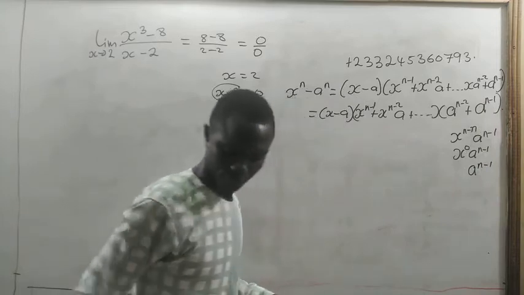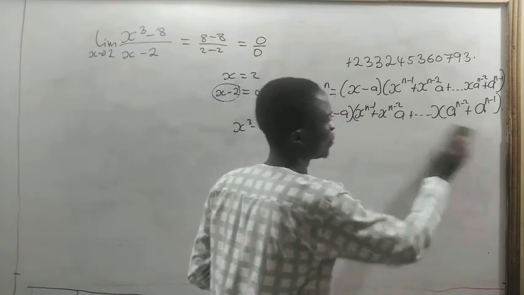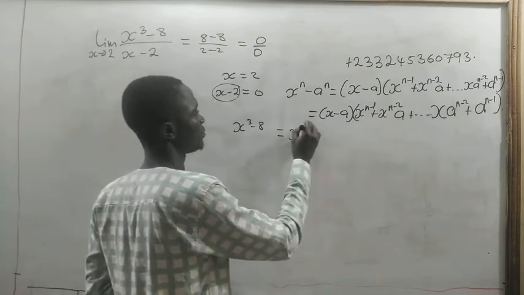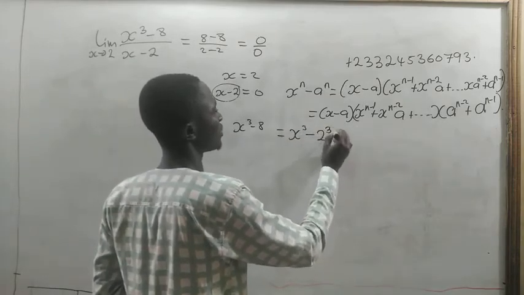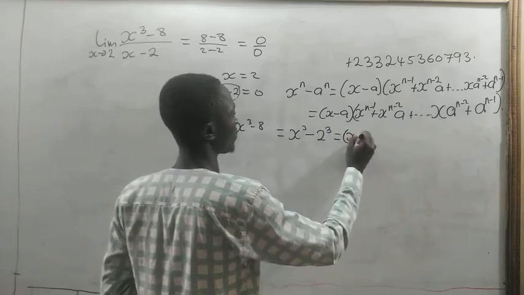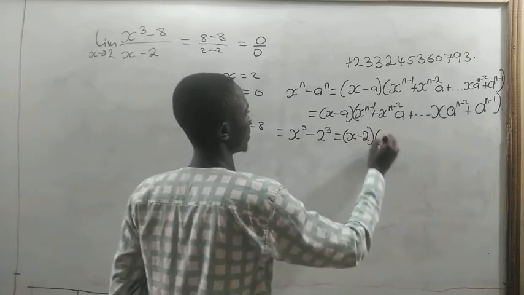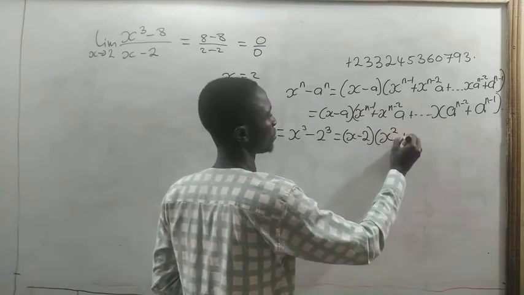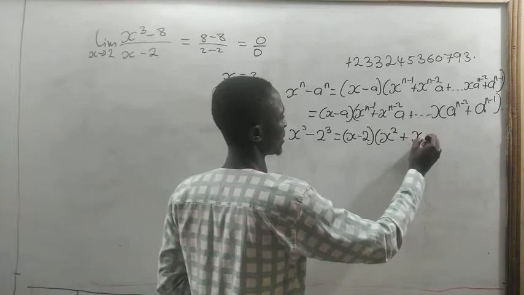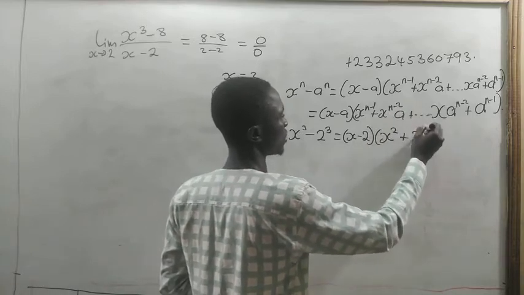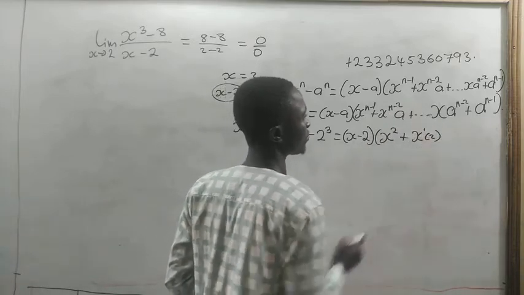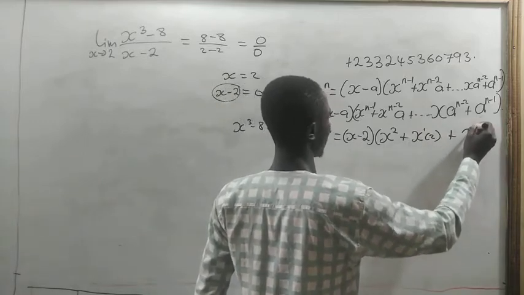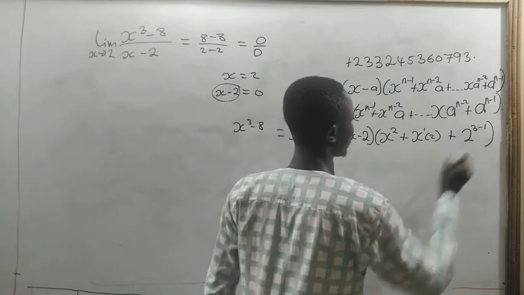Okay, so let's expand this. This is the same as x cubed minus 2 cubed, which will give us x minus 2 times x exponent 3 minus 1, which is 2, plus x exponent 3 minus 2, which is 1, plus 2 exponent 3 minus 1.